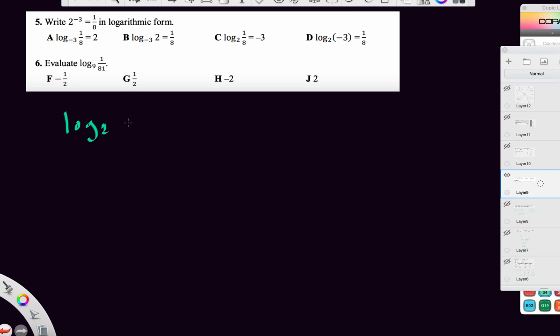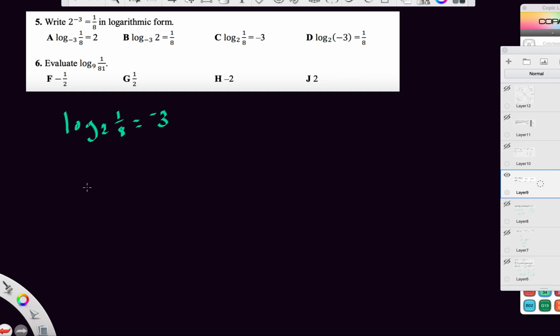Log base 2, the answer, and then the exponent. It says, what power of 2 gives me 1/8? Okay, -3. So that's how you evaluate that.